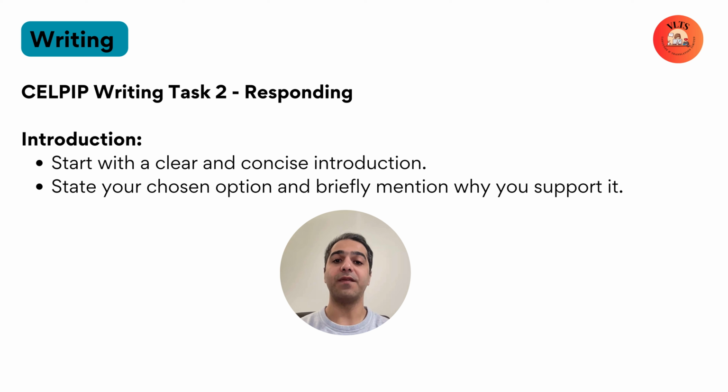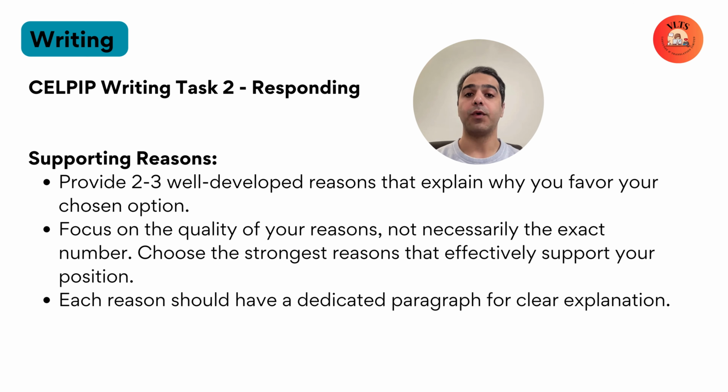In order to respond effectively to the task 2 scenario, when you start the writing, make sure you begin with a clear and concise introduction. This is where you state your chosen option and explain why you support it. Next, provide 2 to 3 well developed reasons in order to support your choice.